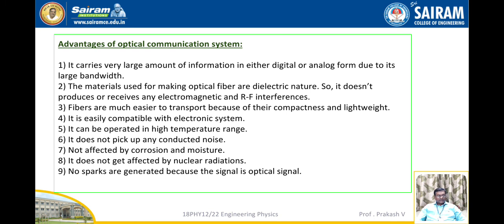It is easily compatible with electronic systems. It can be operated in a high temperature range. It does not pick up any conducted noise, it is not affected by corrosion and moisture, and it is not affected by nuclear radiations. No sparks are generated because the signal is an optical signal.